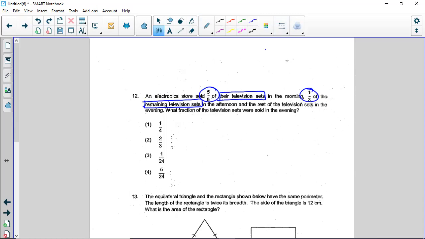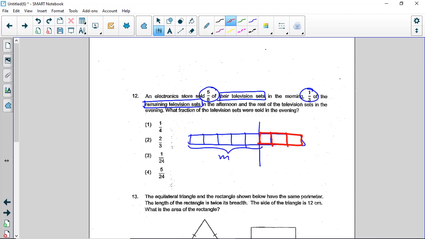If you take 5/8 plus 1/3, totally 0 marks already. So what do we do? Every time there's a remainder problem, you have to be very careful. So still draw the model. The television sets has altogether 8 units, and you sold 5 in the morning. Where's the remainder? The remainder is over here. See, not very hard, right?